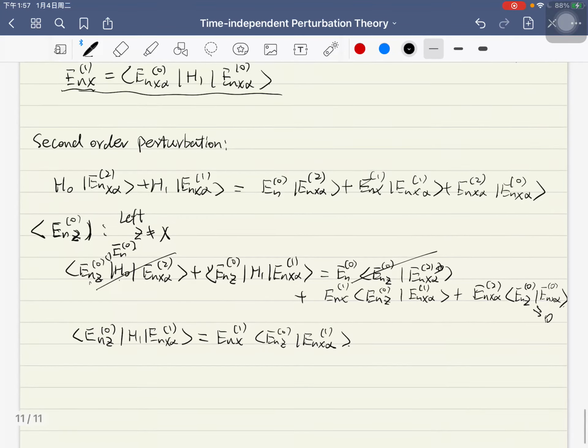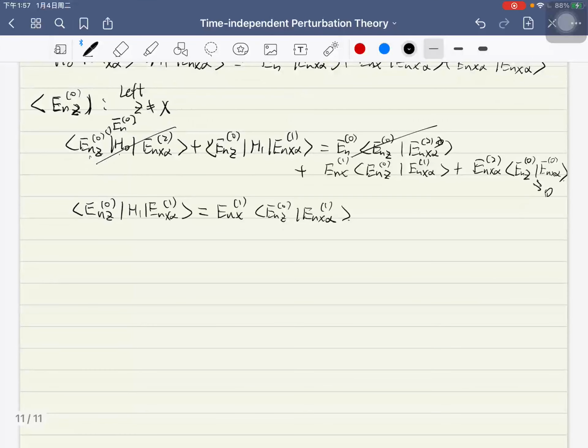And we can calculate by expanding |E_nx alpha^1>.